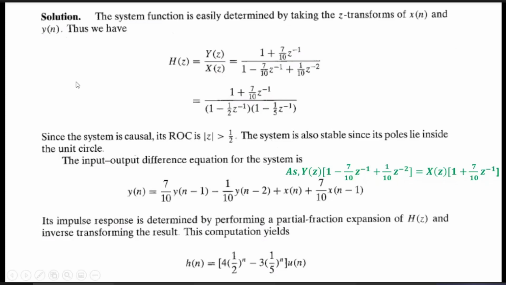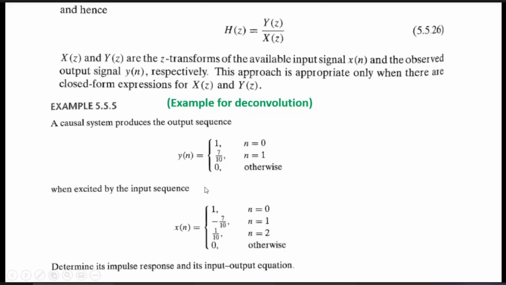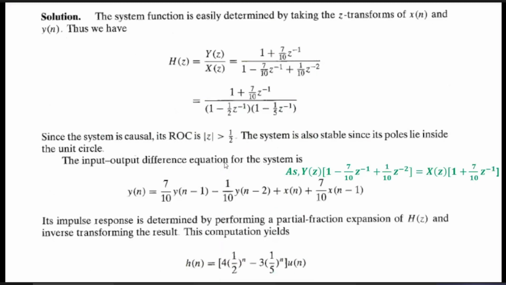First we write Y(z), by assuming the different values at different locations of time. So Y(z) is 1 plus 7 by 10 z inverse.